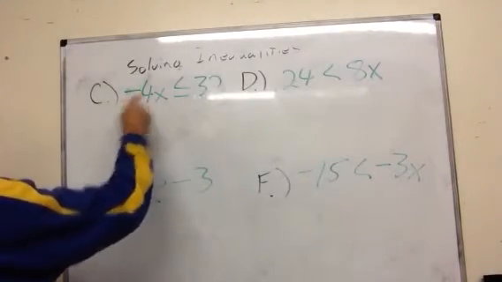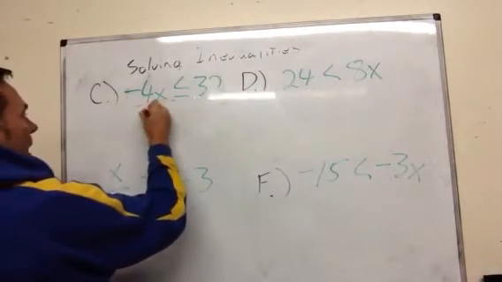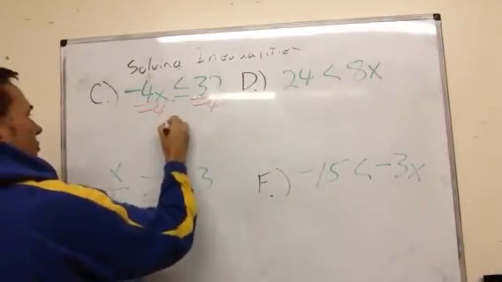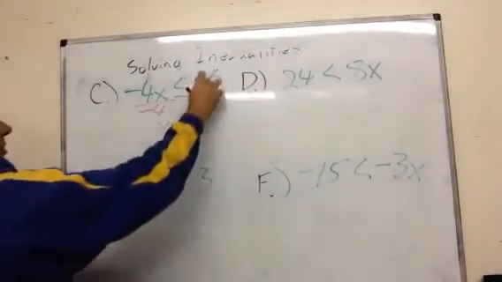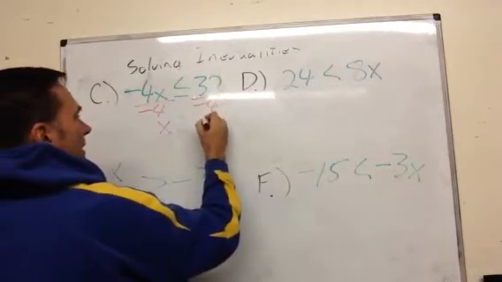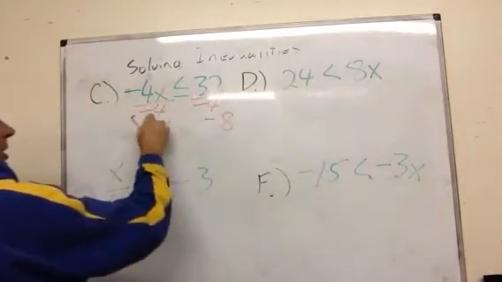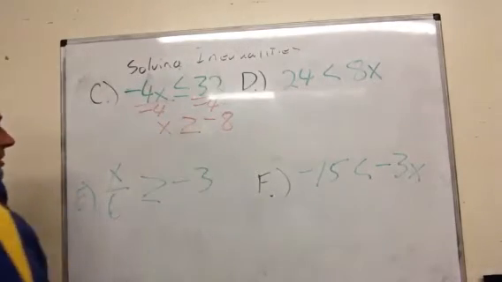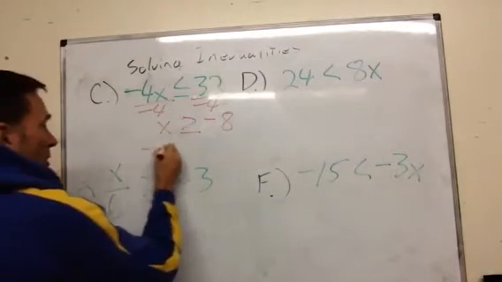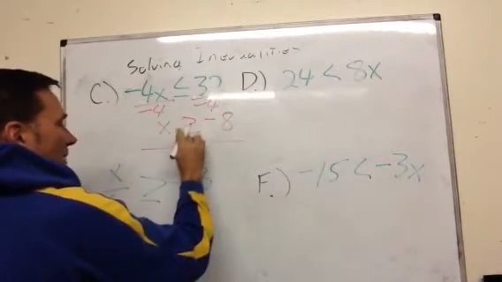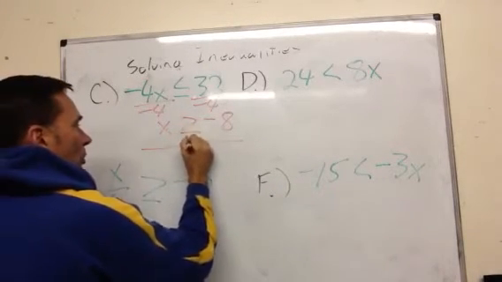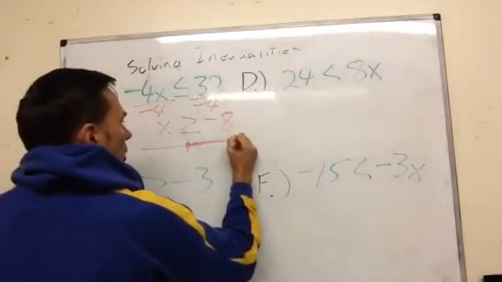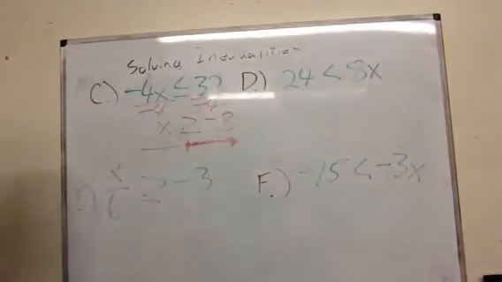We have negative 4 times x, so you need to divide by negative 4 on both sides. This cancels, so I have x. 32 divided by negative 4 is negative 8. Because we divided by a negative number, we need to change the direction. Because it's greater than or equal to, we have a closed circle, and we shade to the right.